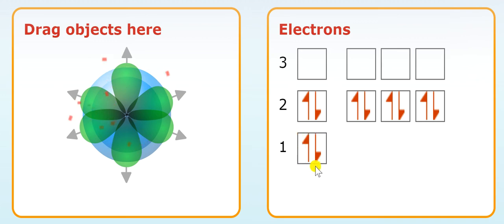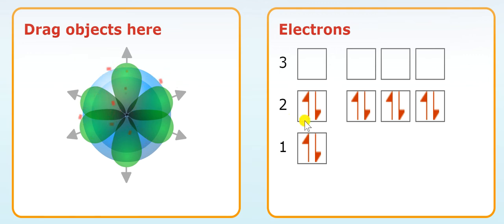And inside of one box, I can have up to 2 arrows, and that's because one orbital can hold a maximum of 2 electrons. And anytime I have 2 electrons in an orbital, represented with arrows, we're always going to have the first one pointing up and the second one pointing down. They have to be pointing in opposite directions.